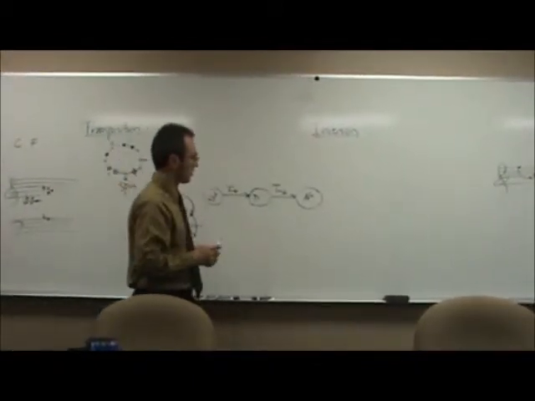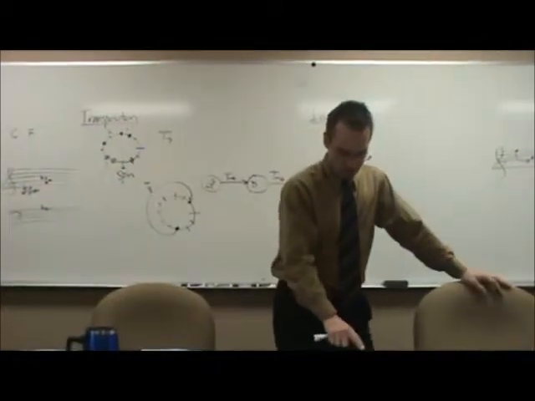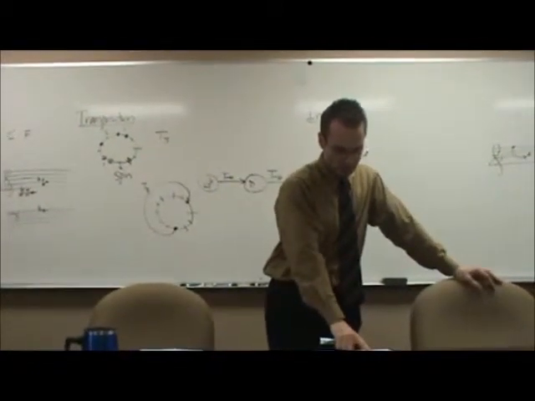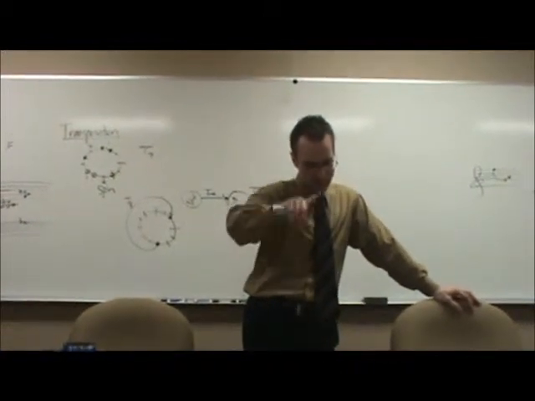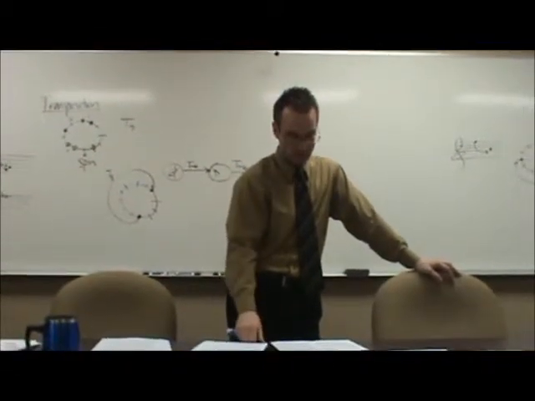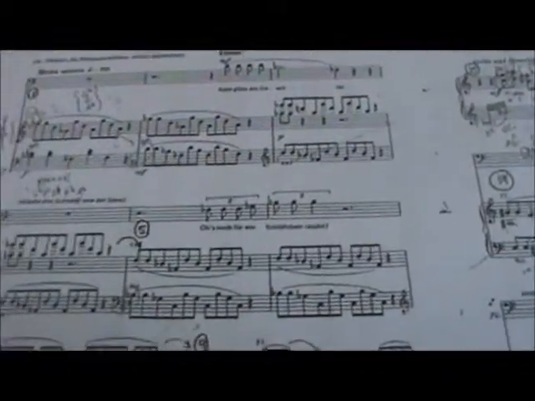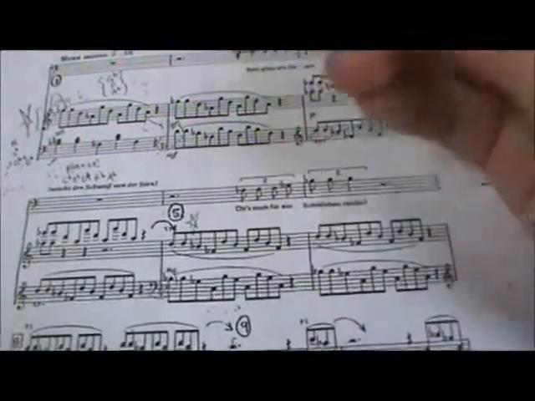Okay, now take a look at what he does, what Janacek does, as he moves to the next statement of this motive. The next time he states it, I have given the measure number in a circle. Do you see 5? Look in the second system, the second measure, and you've got a new statement of it.